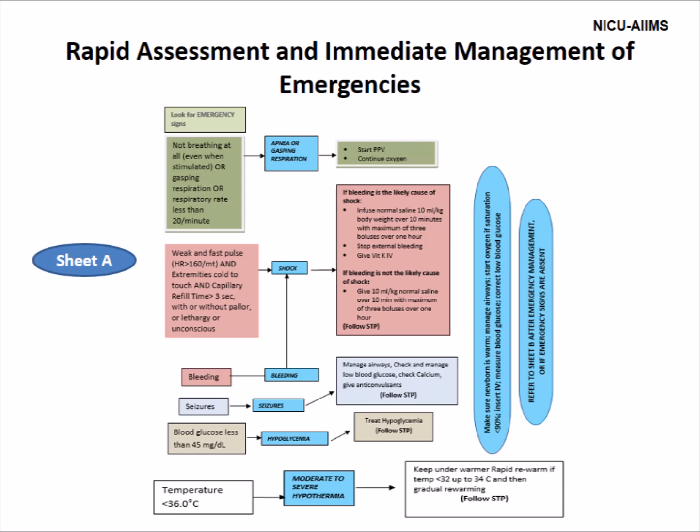We will follow ABC sequence, that is, airway, breathing, and circulation, as in resuscitation, while evaluating the neonate for danger signs. Remember that a neonate may present with more than one condition.